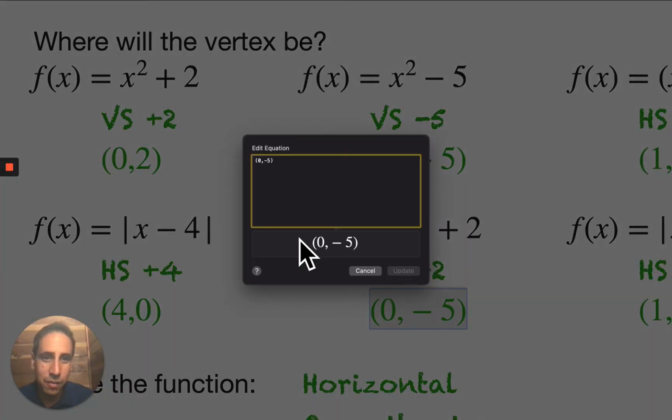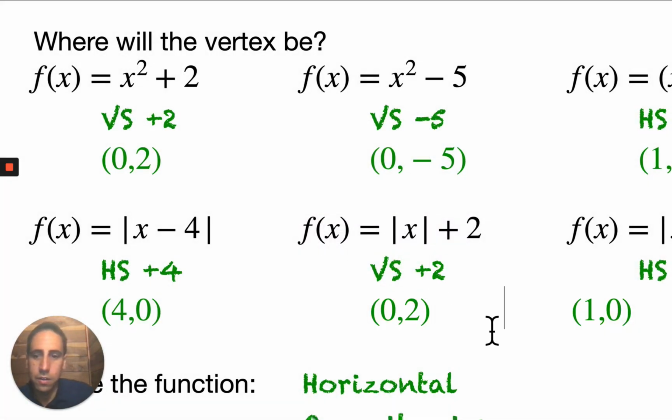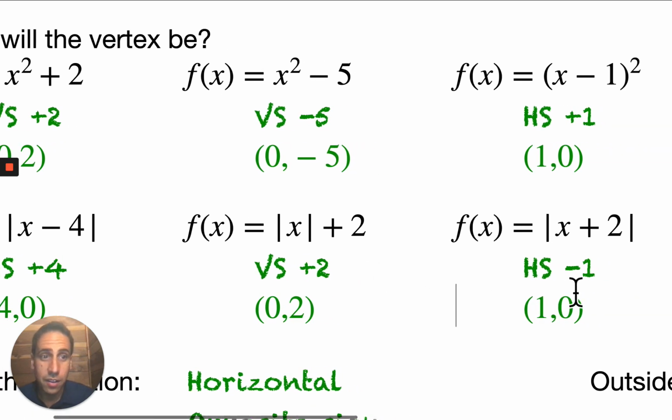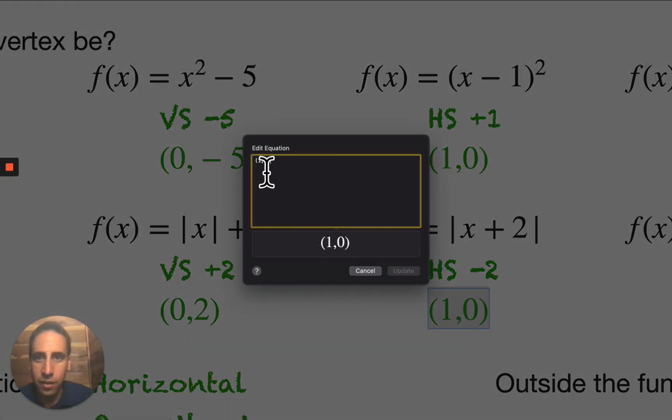This should be a vertical shift of +2. Because it's outside. This one is inside. Oh man, did I not edit this? Terrible. Horizontal shift of -2. So therefore, we're going to have a vertex at -2.